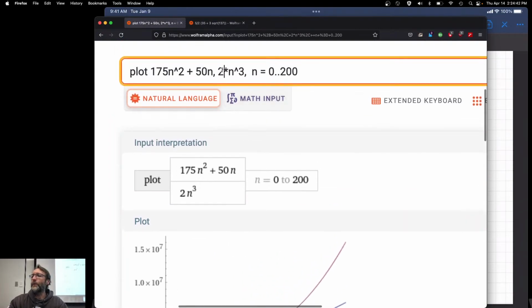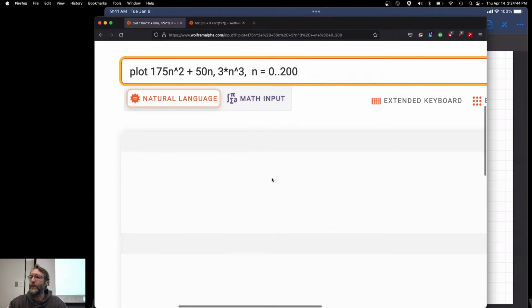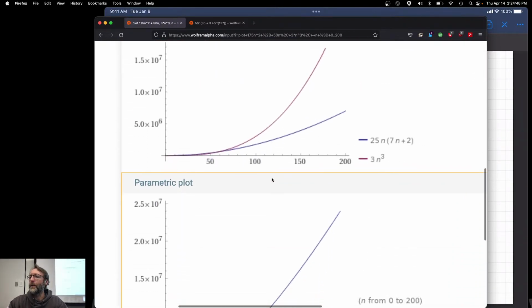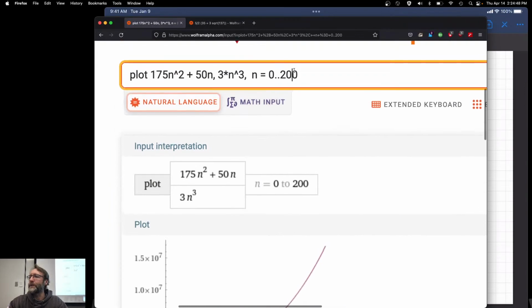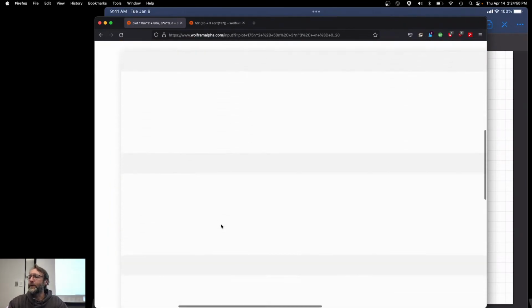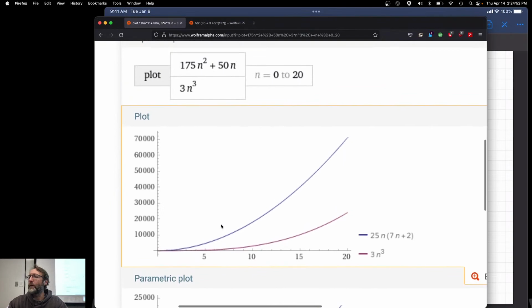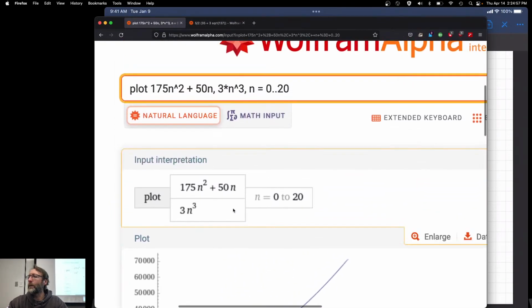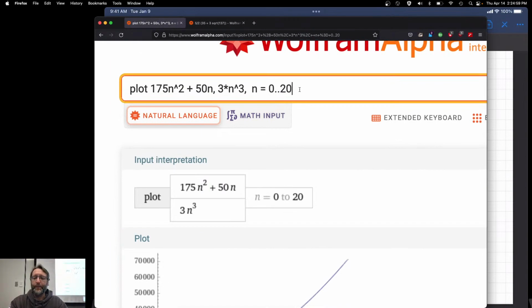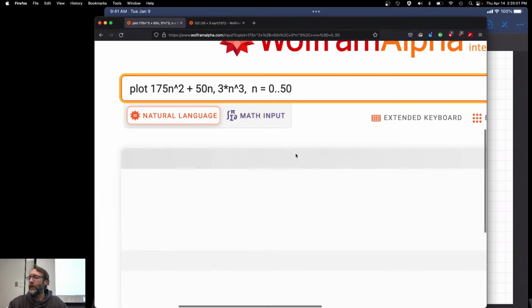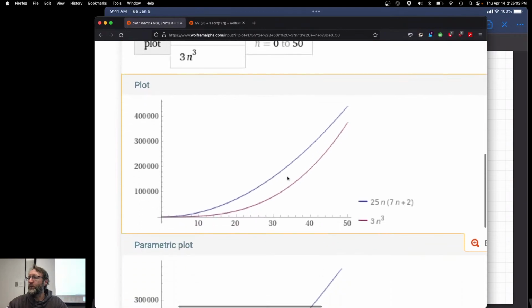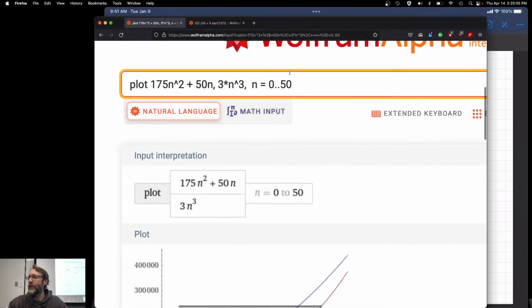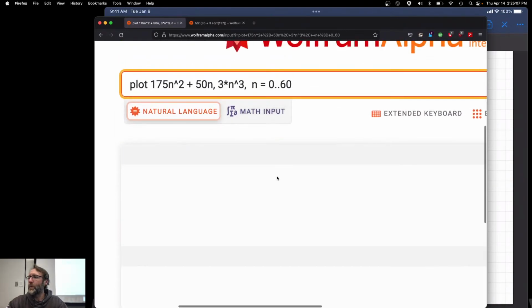Maybe 3 times as big. You're not going to be able to see it here, but if we zoom in on it, say only to 20, you'll see that it's still out there. Maybe 50? Nope, a little more. 60?